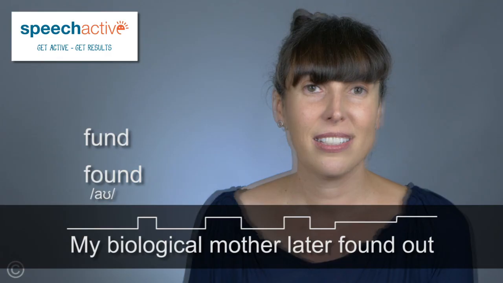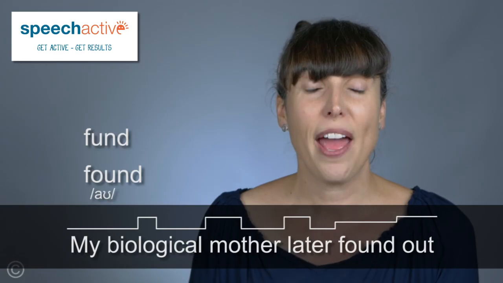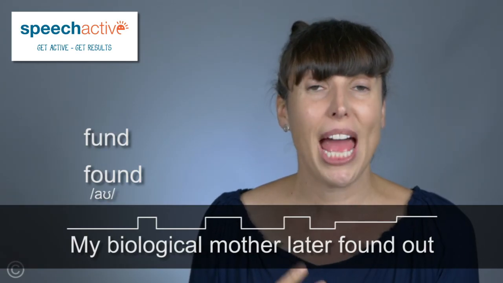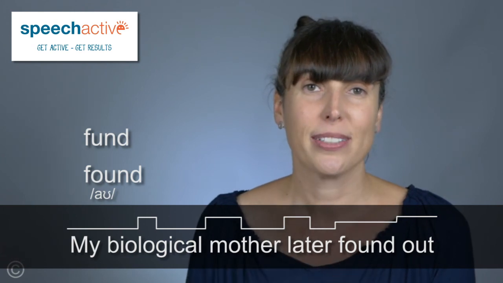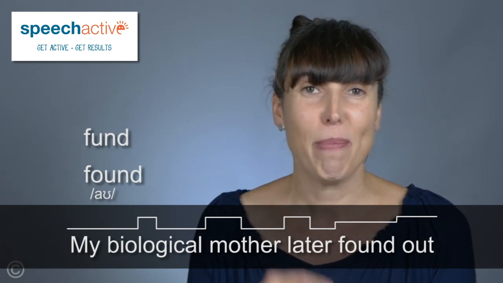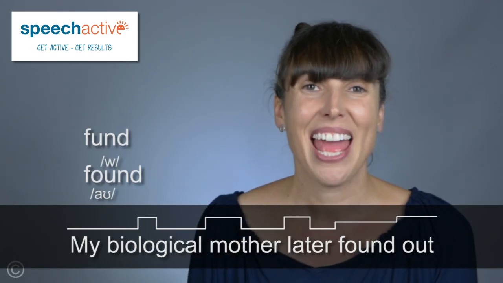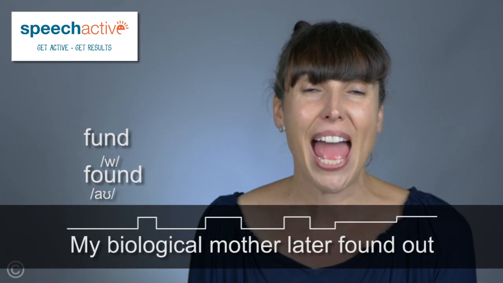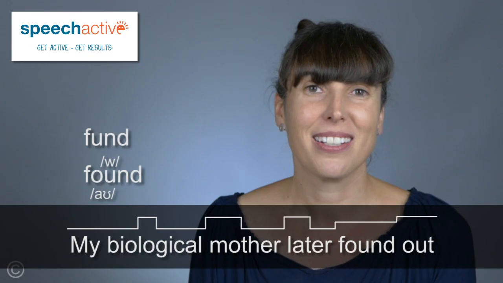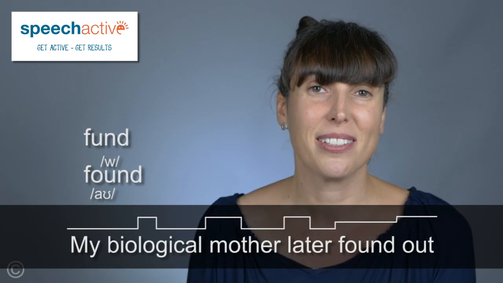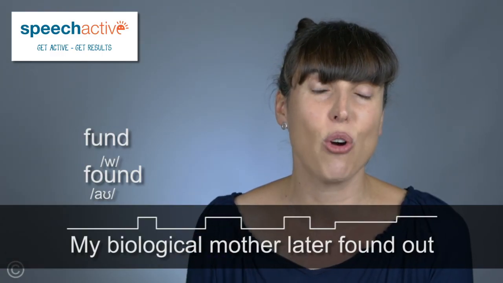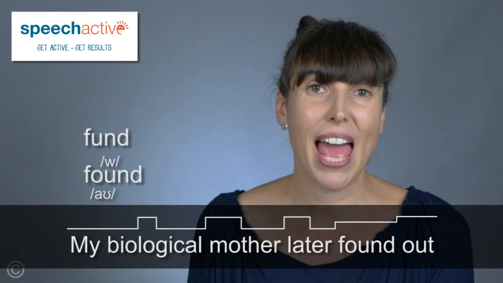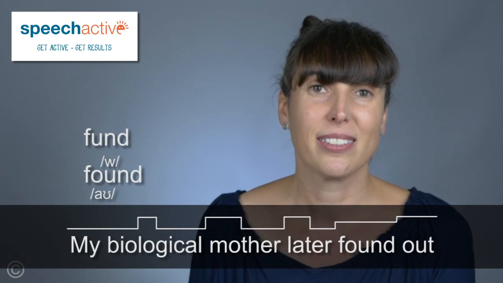That's very different to found, which has the double vowel or diphthong vowel, ow. Imagine again there's a little W. Ow. Found. Found out. So out has that same diphthong vowel. Found out.